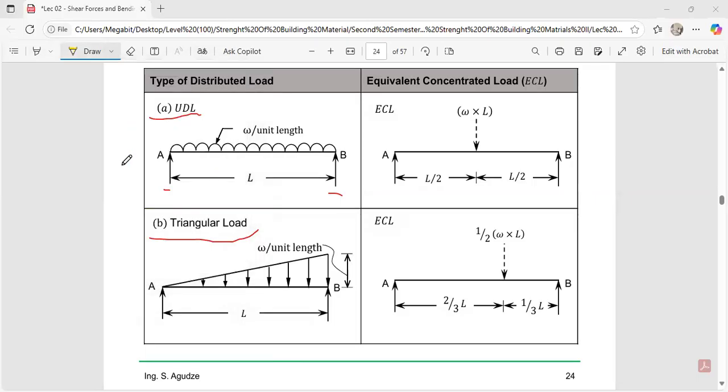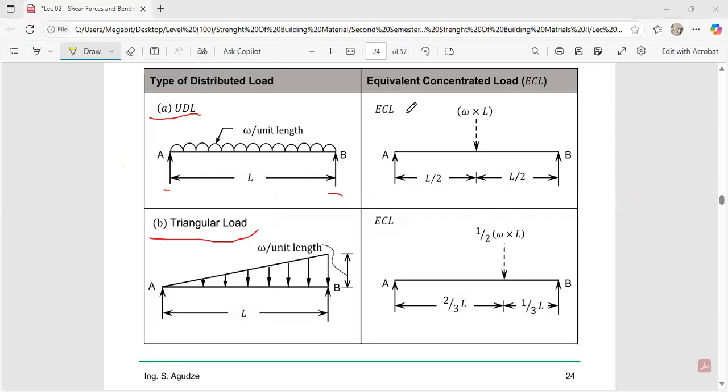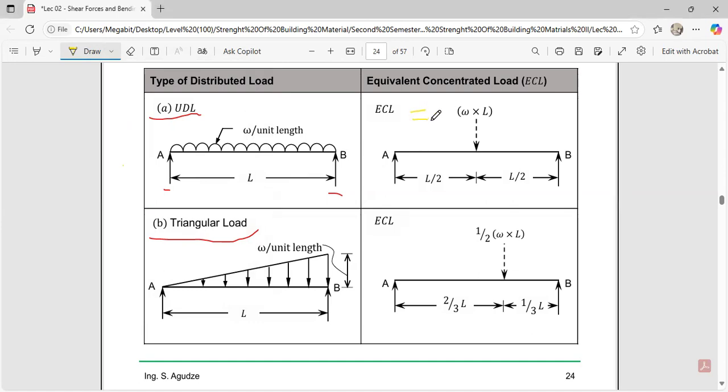Good. From there, we also realize that the equivalent concentrated load for the UDL is equal to this. To calculate the equivalent concentrated load, we just multiply the W times the L for the UDL.